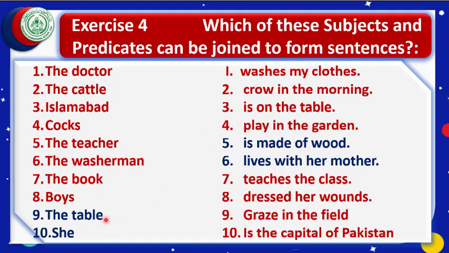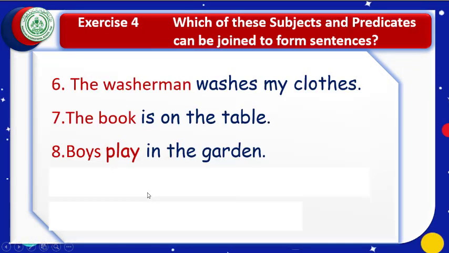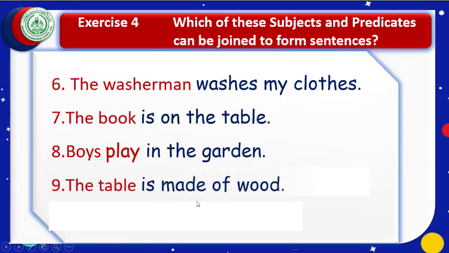The table is made of wood. Oh yes, this is the correct one. The table is made of wood. Let us write. The table is made of wood. Let us move to the next one.